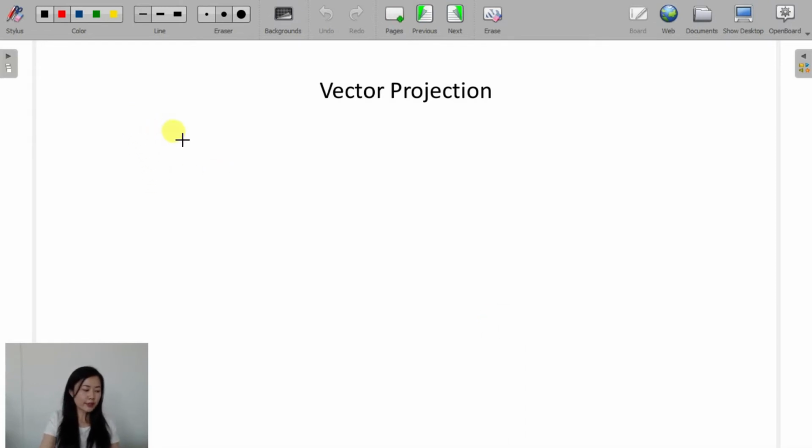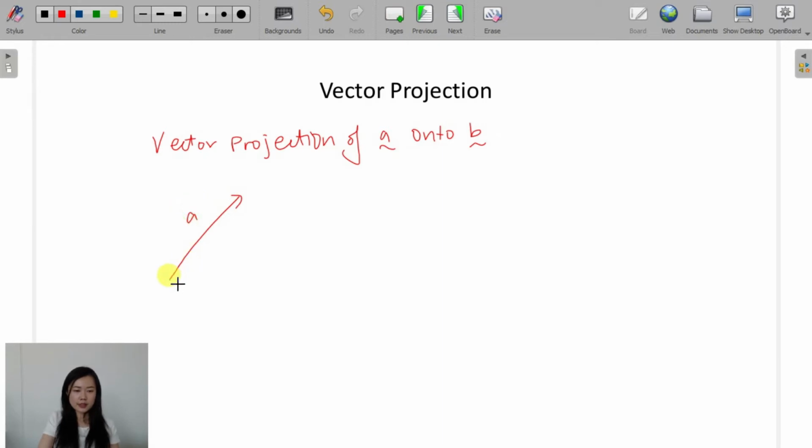Now let's talk about vector projection. Remember, the difference between scalar and vector is this: scalar is magnitude only, vector is magnitude plus direction. It's the same diagram. So let's say our vector A, vector B, and I want to project it in the direction of vector B. So we are looking at these two vectors.